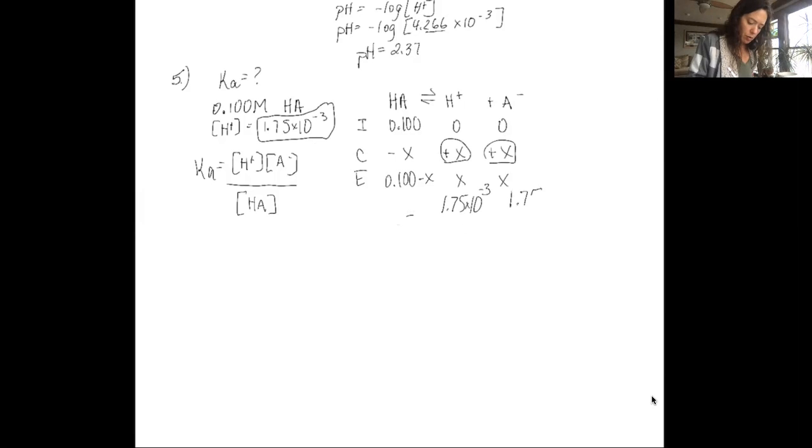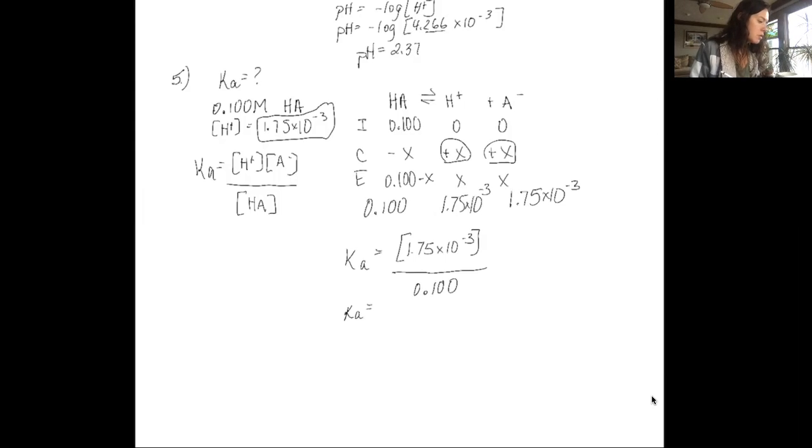Therefore, this is 1.75 times 10 to the negative 3rd. If you put in your calculator 0.100 minus 1.75 times 10 to the negative 3rd, you're going to get 0.100. So that again shows how that is negligible. Now we can solve for Ka equals 1.75 times 10 to the negative 3rd squared over 0.100. Therefore, Ka must be equal to 3.06 times 10 to the negative 5.